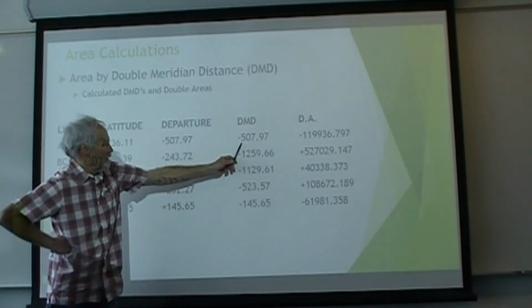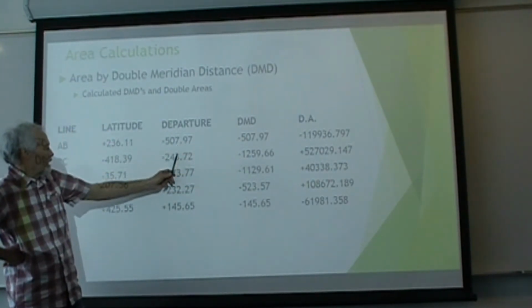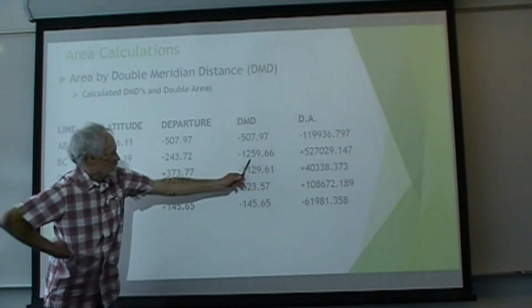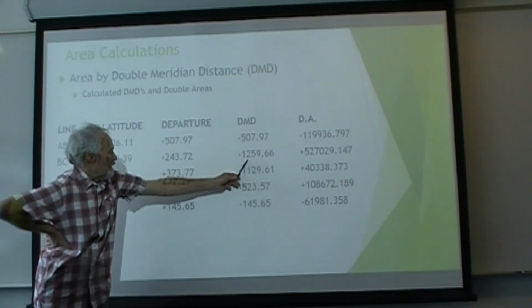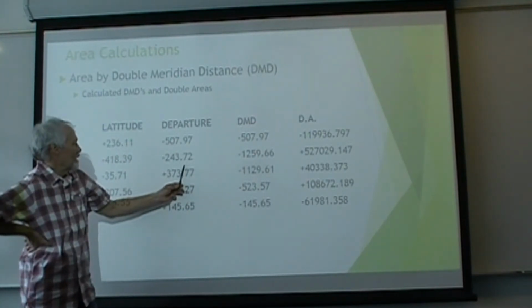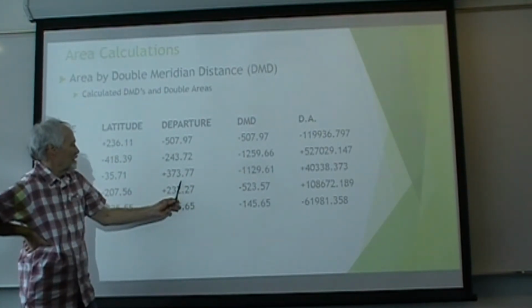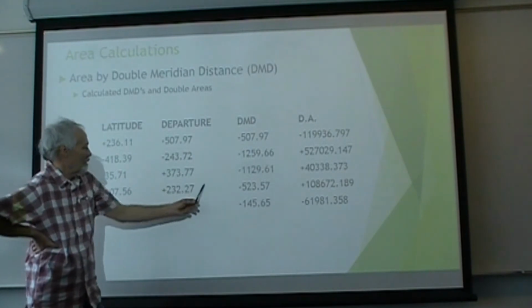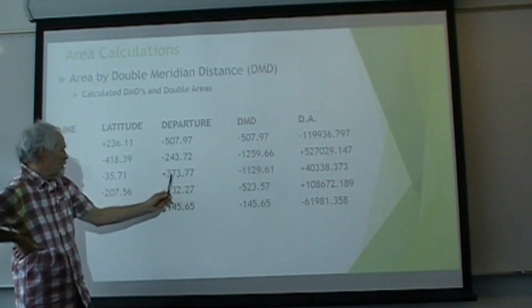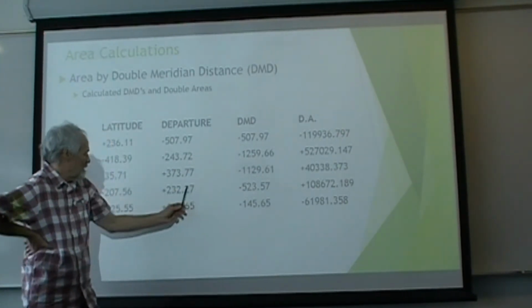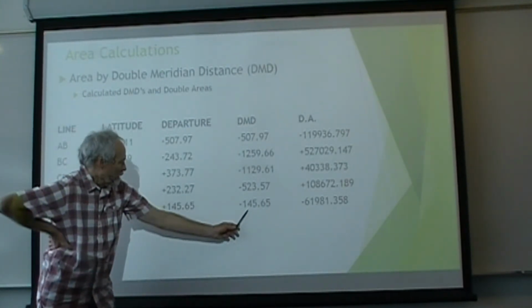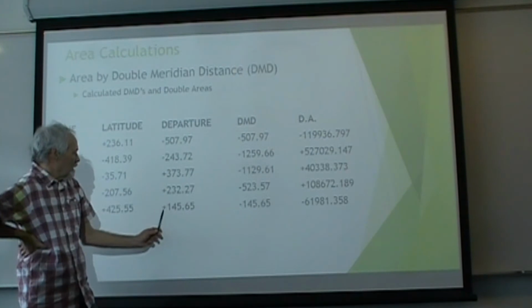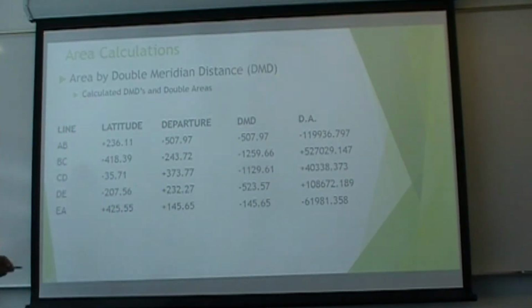We do the same thing for each course, again following the algebraic signs, until we get to the end. If we've done this correctly, the last one is going to be the same magnitude but opposite sign. That's your key that you've done it correctly.